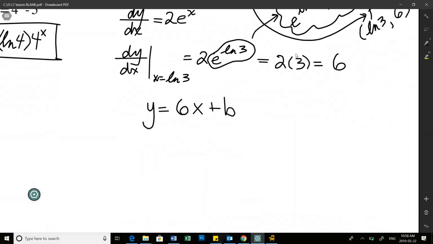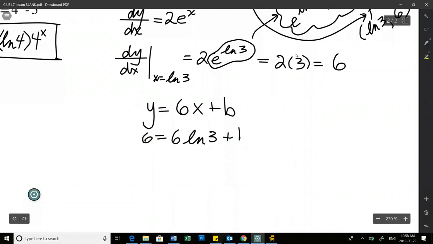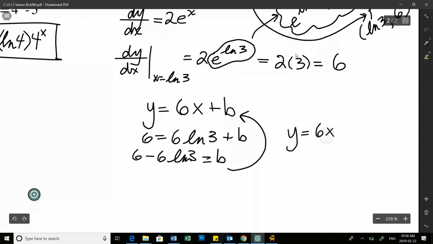Okay, so I want to find my b value, so I'm going to plug in my x and y here. And so my b is equal to 6 minus 6 times ln 3. And then I'll just sub it back in to the equation here. Okay, and then if we want, we can common factor a 6. It doesn't really matter.